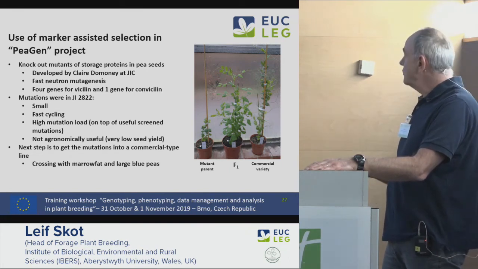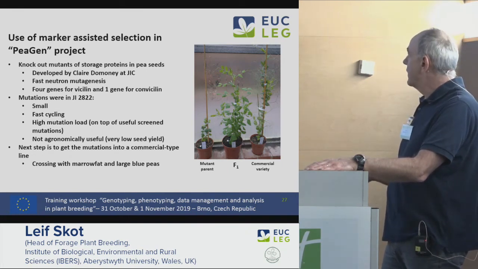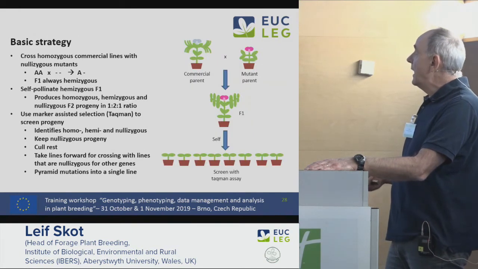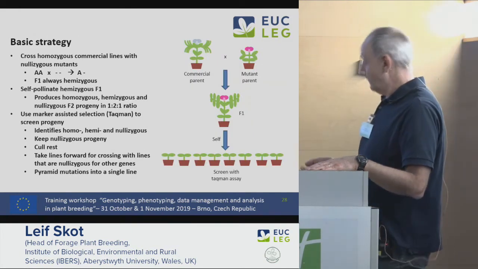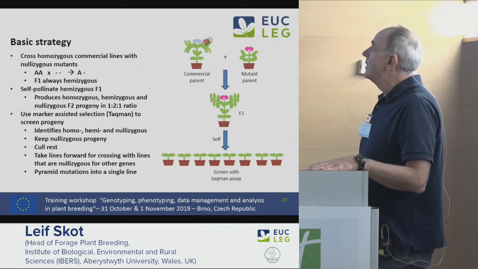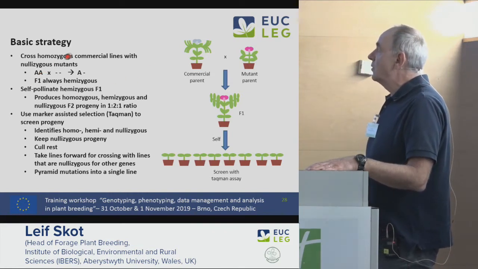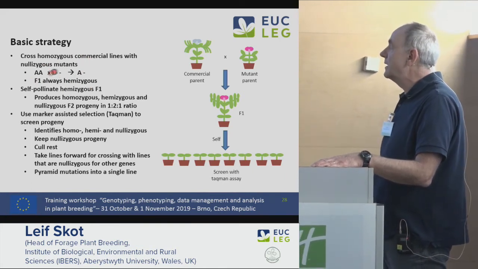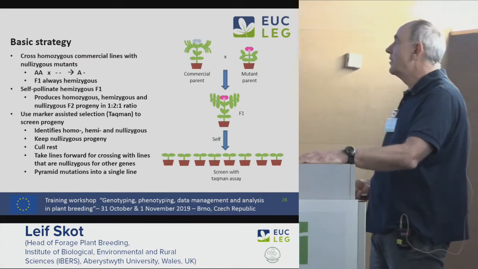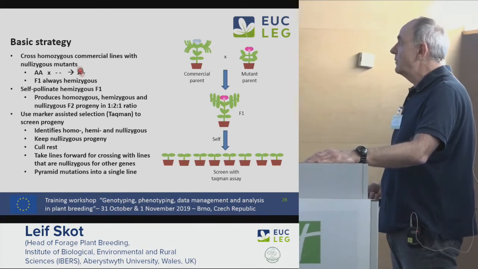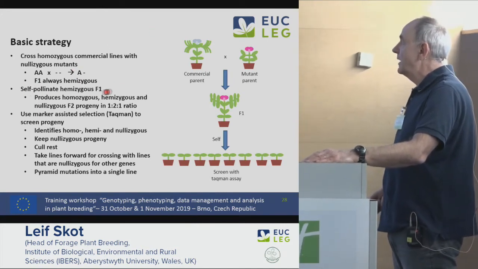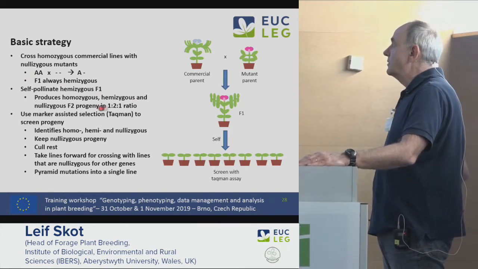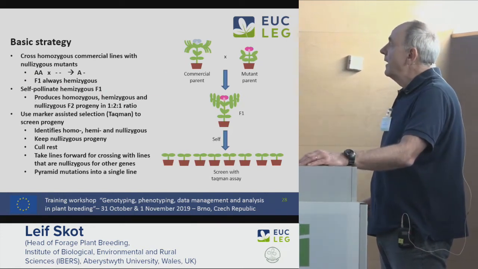So we have the mutant parent, you cross it with a commercial variety and you get your F1. The F1 is always hemizygous, so there's nothing there because of the mutation, and you self-pollinate the hemizygous F1 and produce your 1 to 2 to 1 ratio.